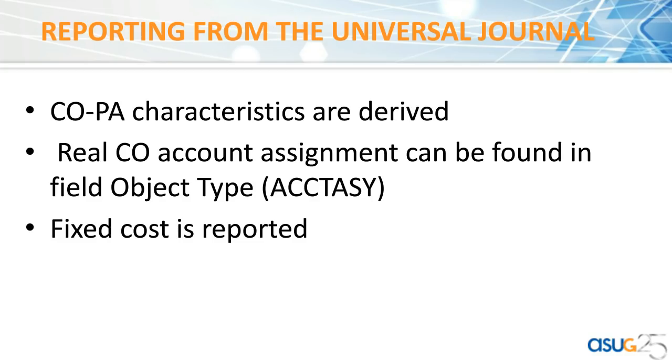Whatever is in the derivation strategy is still going to be derived. If we're using a statistical profitability segment, the previous example for attributed profitability segment, there's a specific field in ACDOCA that tells me what the real CO account assignment is. So it's easy for me to make a distinction.